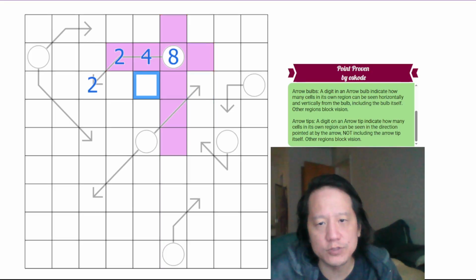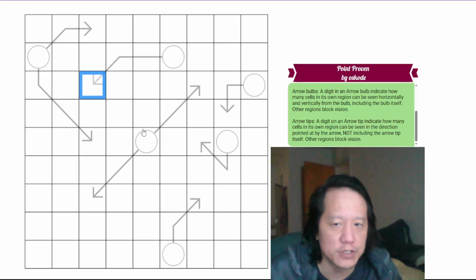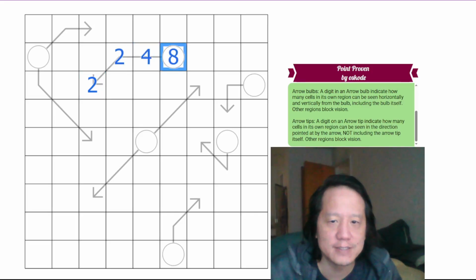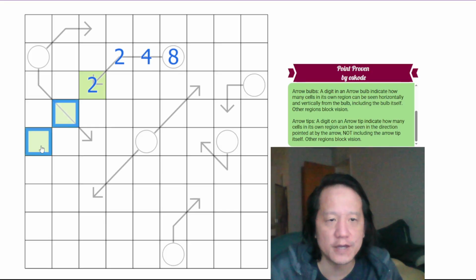And we have arrow tips, where digits on an arrow tip indicate how many cells in its own region can be seen in the direction pointed at by the arrow, not including the arrow tip itself. Again, other regions block vision. So if this were 2, these would all have to be the same region, because this sees 2 other cells in its own region in that direction.